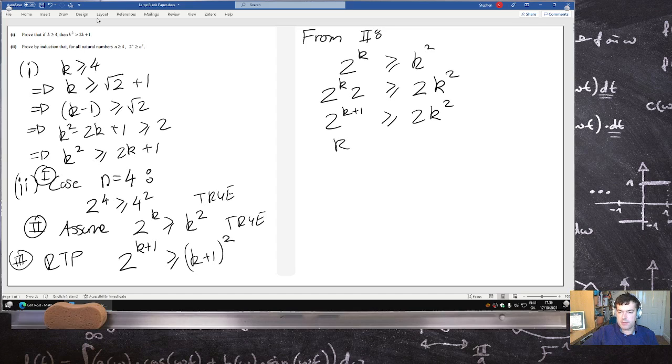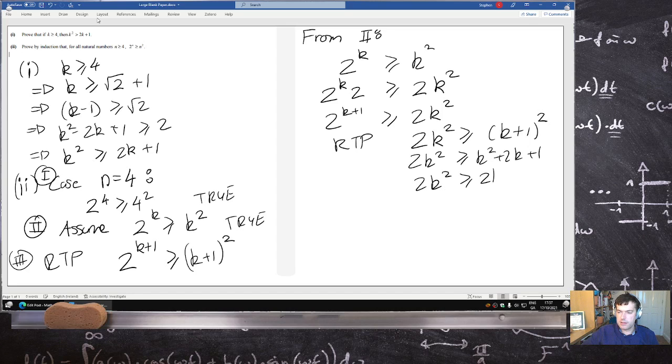So now we're required to prove that 2k squared is bigger than or equal to k plus 1 squared. So that means we need to show that 2k squared is greater than or equal to k squared plus 2k plus 1, which means we need to show that 2k squared is bigger than or equal to 2k plus 1.